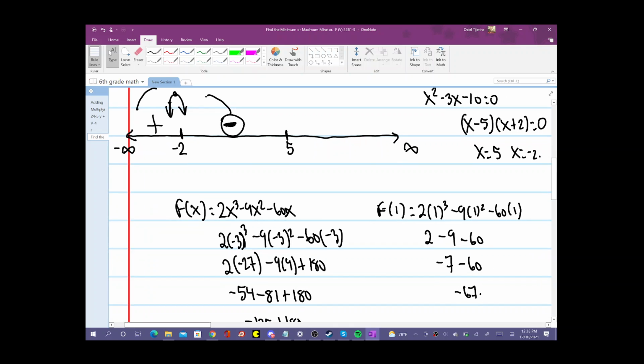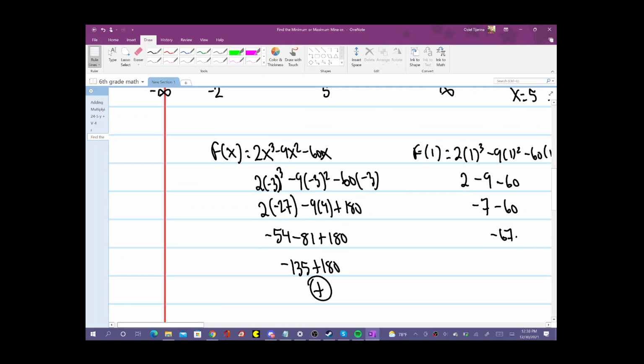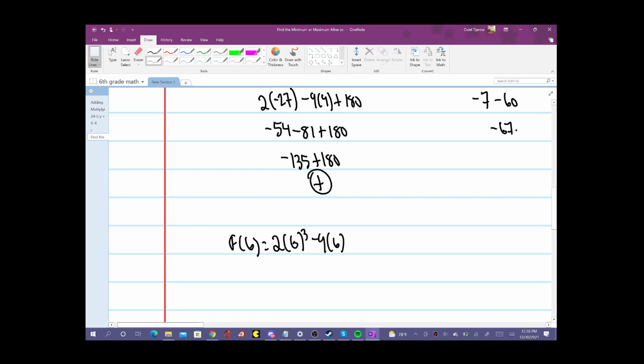What about from 5 to infinity? If we do x equal to 6, f of 6 is 2 times 6 cubed minus 9 times 6 squared minus 60 times 6. So we have 2 times 6 cubed, and guys, you can use a calculator if you want, because I know this is a really big number.